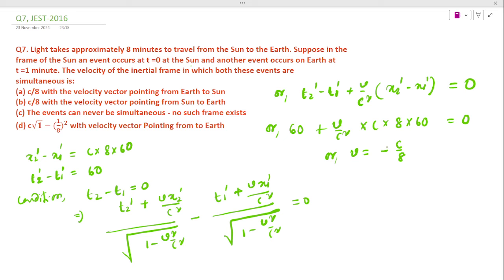So the minus sign here indicates that the frame is moving with the velocity c by 8, the vector pointing from earth to sun, not sun to earth. So c by 8 would be our answer.